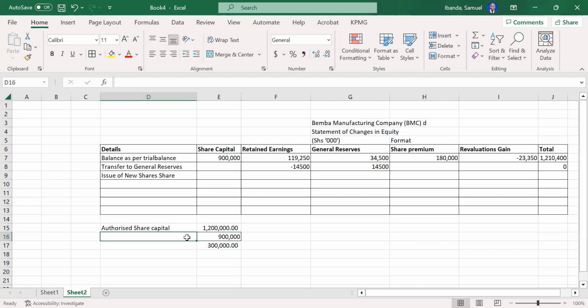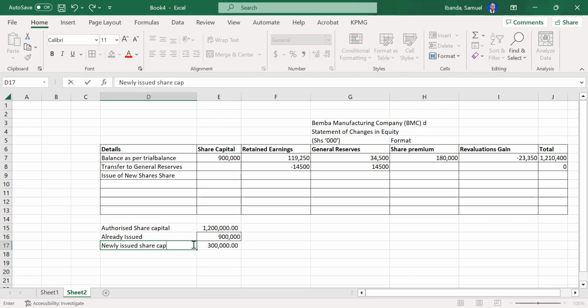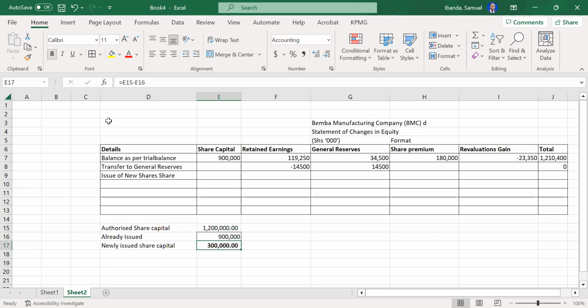These are already issued. These are new issues. So this is the newly issued share capital. This is what they did issue.